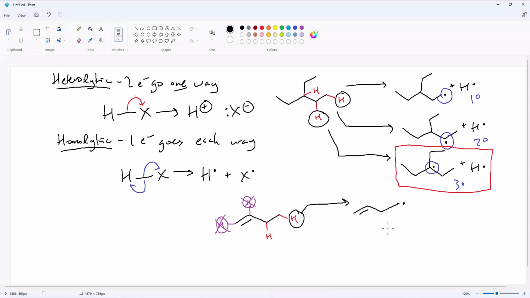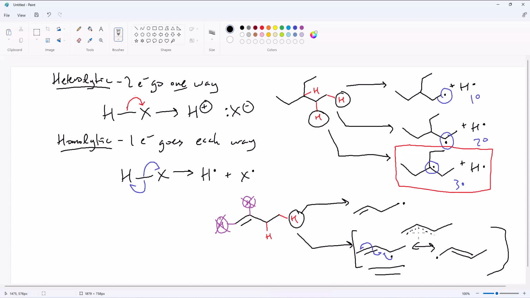We already know that primary radicals are not as stable, but we can see what happens if we abstract the other hydrogen: we form the secondary radical, which is more stable than the primary radical. But looking at this double bond, we can also draw a resonance structure where, with single-headed arrows, we form the double bond here and push one electron onto the terminal position, giving a resonance structure with a terminal radical. Again, the secondary radical is more stable than the primary radical, so the first species will dominate in this resonance, but resonance does stabilize the radical, as we get a resonance hybrid with the radical displayed over a range of carbons, further stabilizing it.